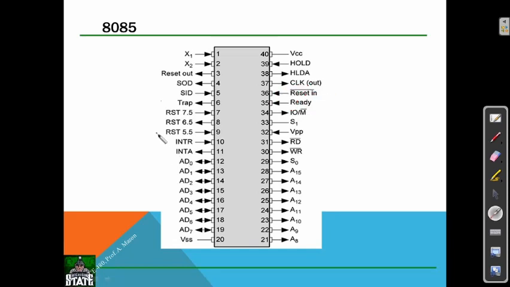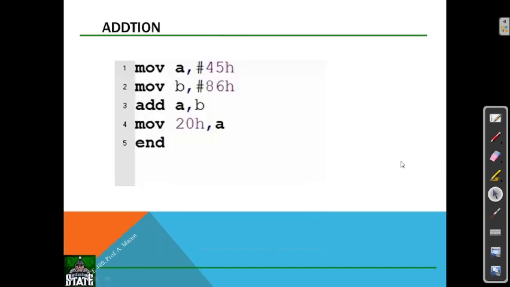And this is the RST pin. The INTR and INTA pins are the 10th and 11th pins. Here it is VSS, and the 40th pin is the VCC pin, from which we get the supply. The 8085 also has a hold pin, a HLT pin and a clock out pin.